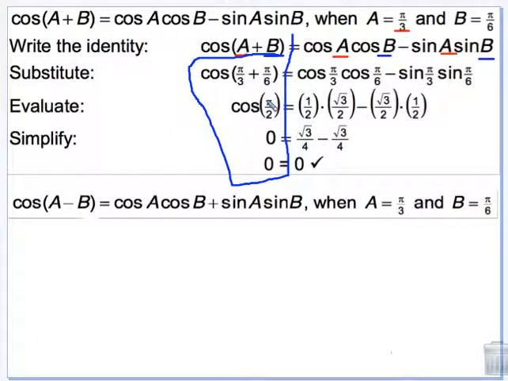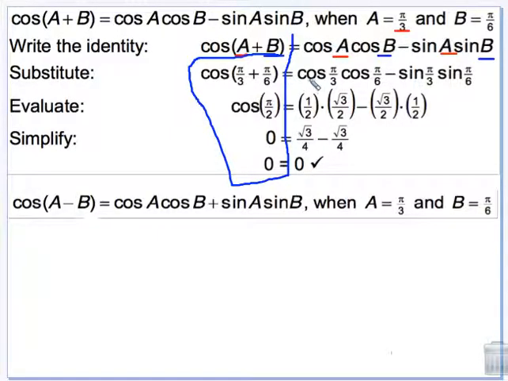Then we're going to look at our trig table. What is the ratio when cosine of pi over 2? Well, that's 0. Okay, so now I know that if I plug in pi over 3 for A and pi over 6 for B in this function, I should get the value of 0.